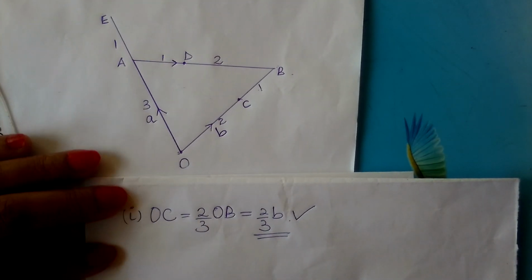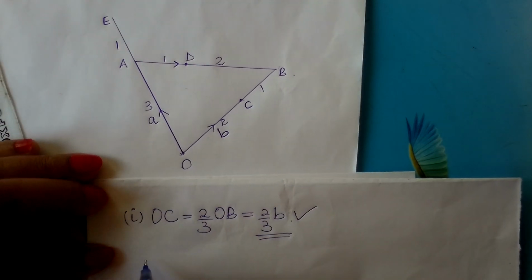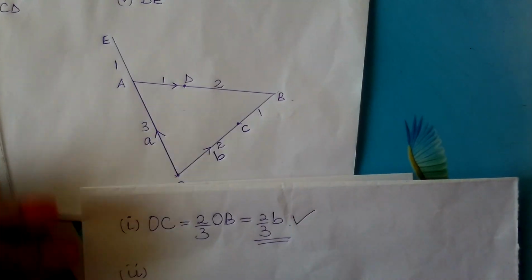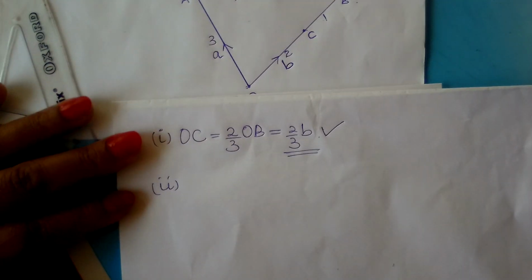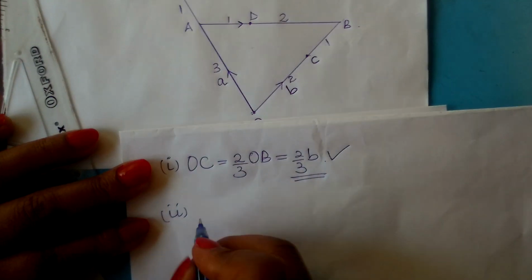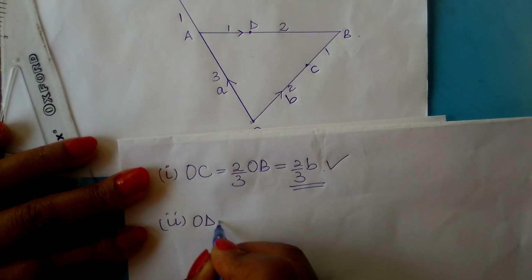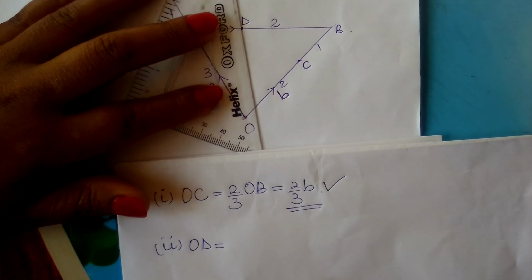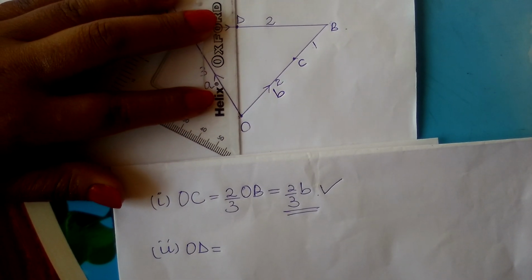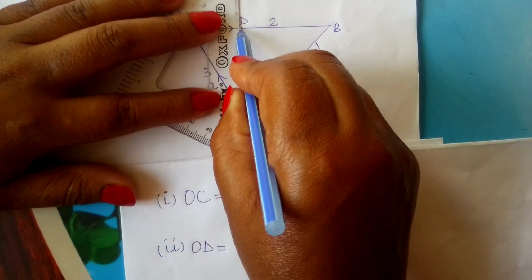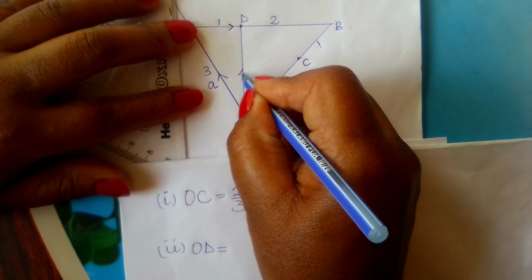We go to Roman 2. Roman 2, learner, you are told to calculate OD. What is OD? OD, learner, you come and fix it in the diagram. OD, this one here, and you put the arrow.